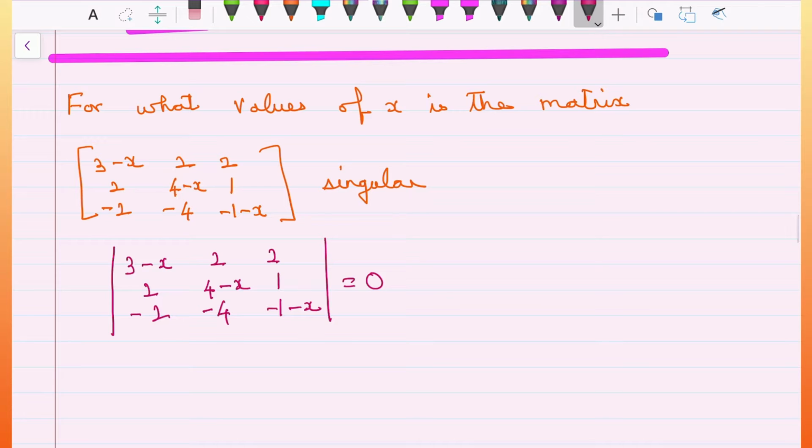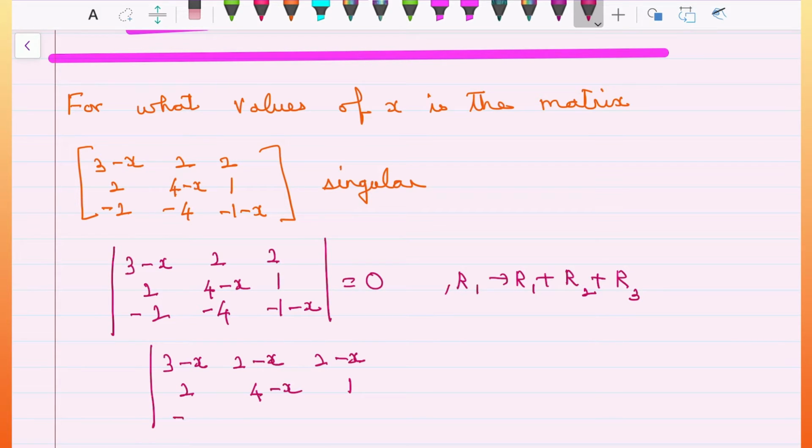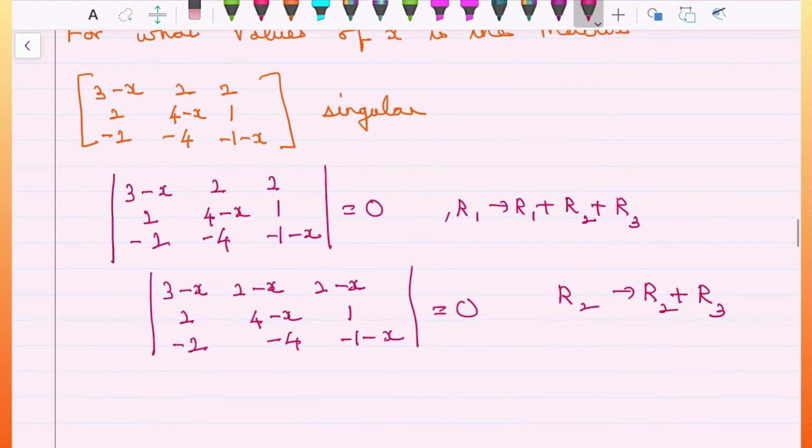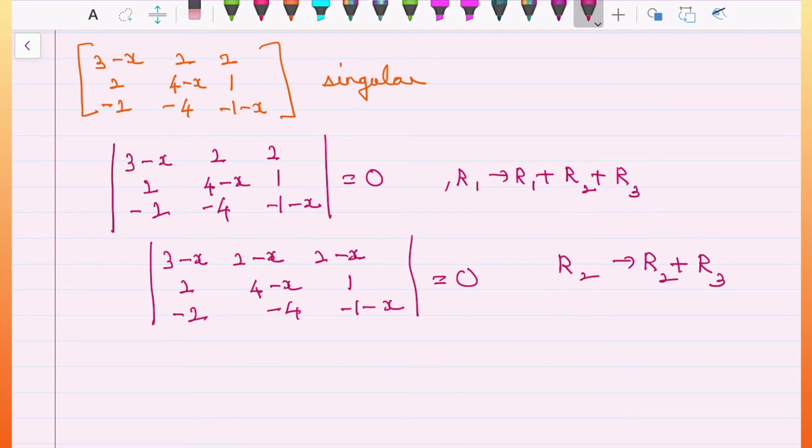Now if I apply the transformation R1 plus R2 plus R3, this would reduce to 3 minus x, 2 minus x, 2 minus x, 2, 4 minus x, 1, minus 2, minus 4, minus 1 minus x equal to 0. Now if I were to do R2 plus R3, again there is no hard and fast rule. You are free to use your own row or column transformation. I am just trying to simplify this because expanding this becomes difficult.